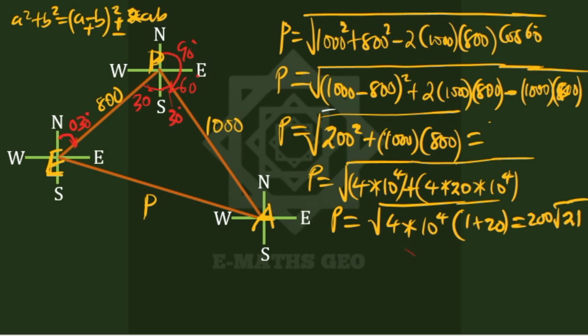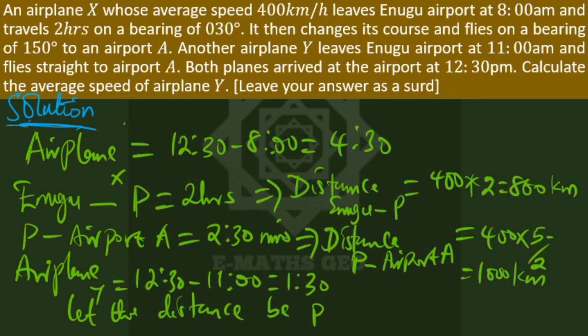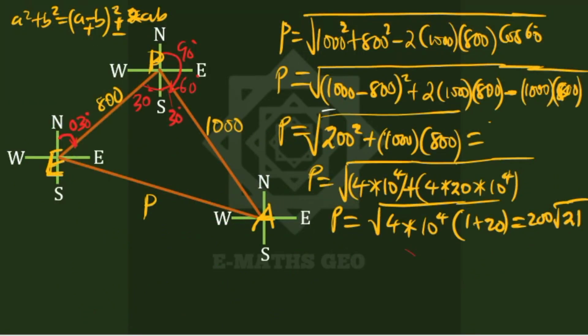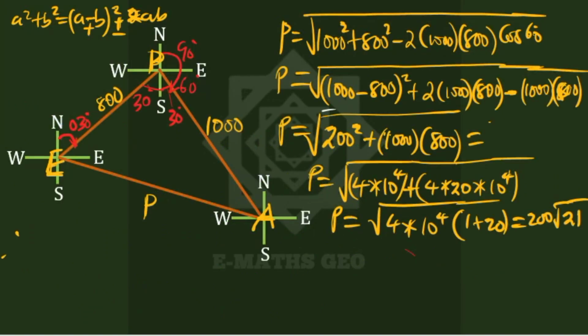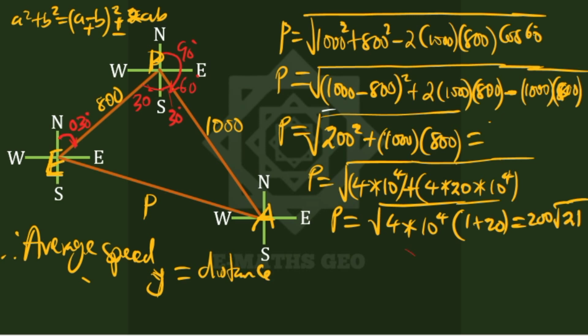But we're asked to find the average speed of airplane Y. Speed is distance over time. Therefore, the average speed of Y is distance over time. The distance is 200 root 21 kilometers.